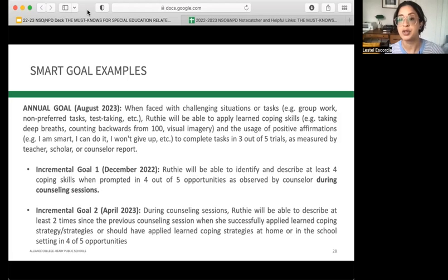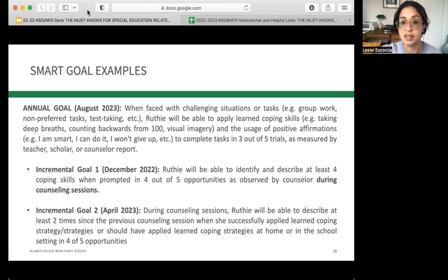So the first one is just identifying and describing the actual coping skill, and then the level of difficulty increases with incremental goal 2, because we want her to reflect on when she generalized it in the real world outside of the counseling session, or when she should have. So she went from just describing and identifying what the coping skill is to reflecting on when she's actually used them outside of counseling session, or when she could have.